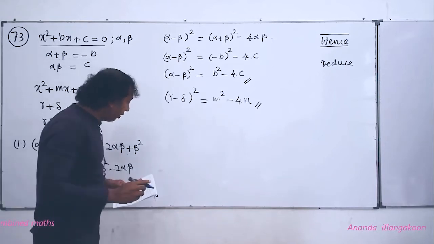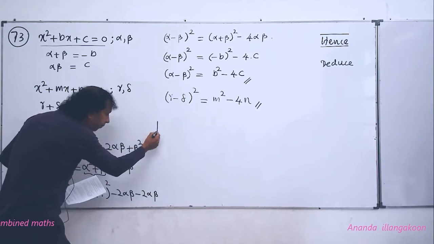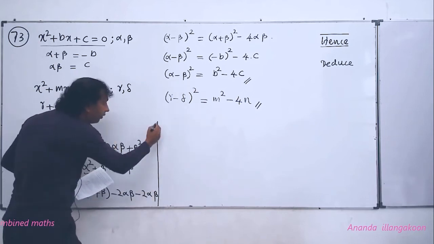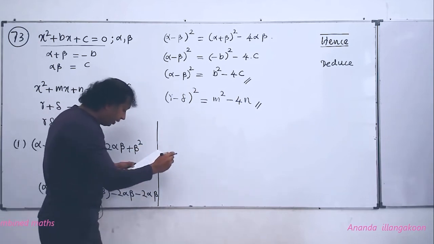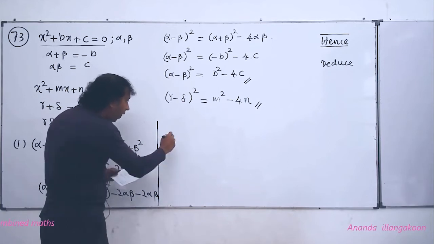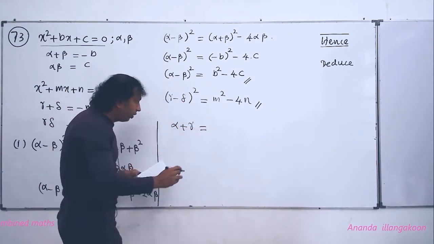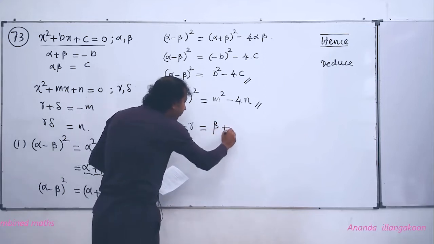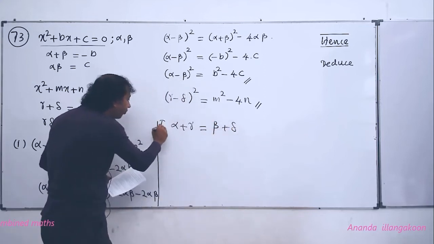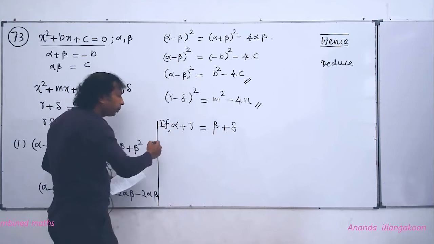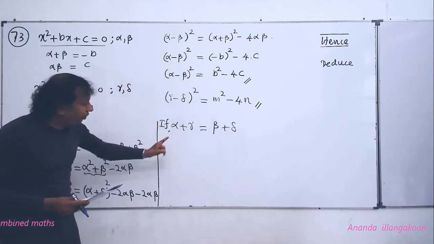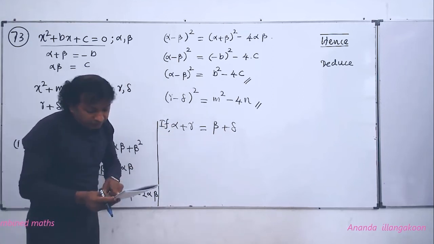For the proof, we are given alpha plus gamma is equal to beta plus delta. Using this result, we have to prove this result.